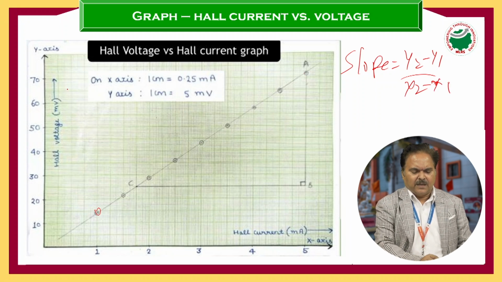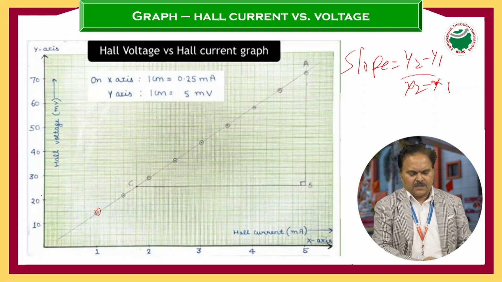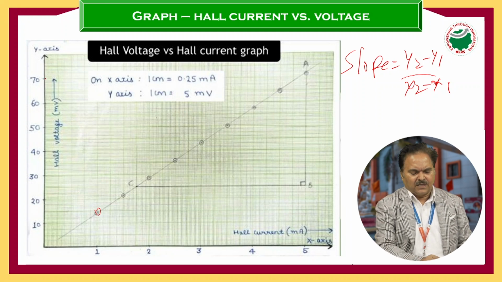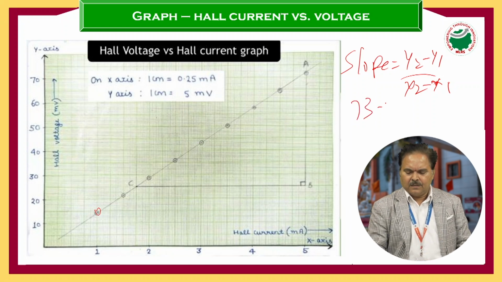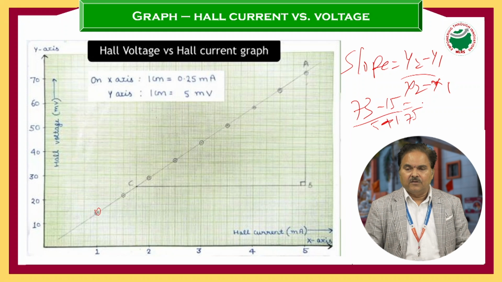Y2 means here at the A point, that will be around 72 or 73, minus y1, around 15. So we take 73 minus 15, that is y2 minus y1, divided by x2 minus x1. x2 is this one, that is 5, and x1 is 1.75. So 5 minus 1.75 will give the slope.